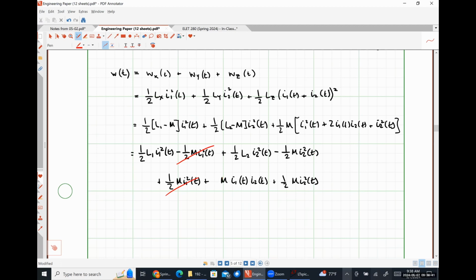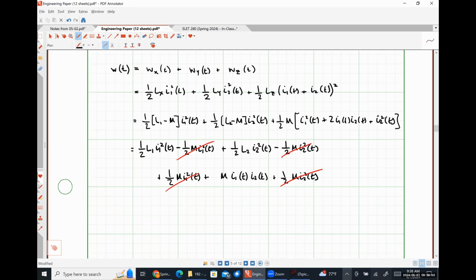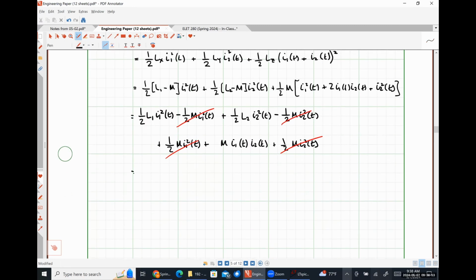Thank you, though. We have negative 1/2 M I2 squared and positive 1/2 M I2 squared, so those cancel each other out. What we wind up left with is just 1/2 L1 I1 squared plus 1/2 L2 I2 squared plus M times I1 times I2.